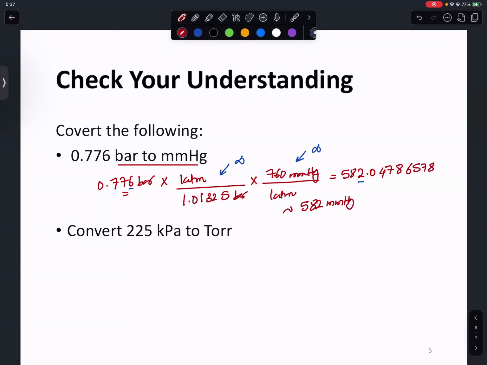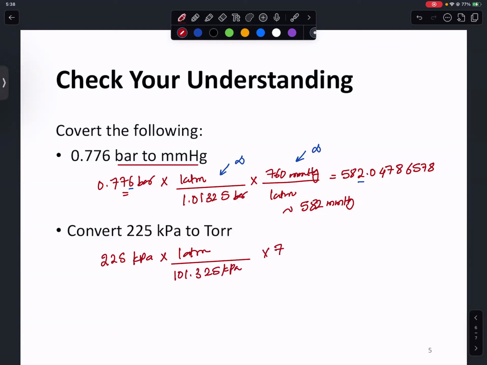On the second problem right here, I want to convert from 225 kilopascals to torr. And I'm going to start the same way with 225 kilopascals, and then I'm going to convert to atmosphere. So in 1 atmosphere, there is 101.325 kilopascals.